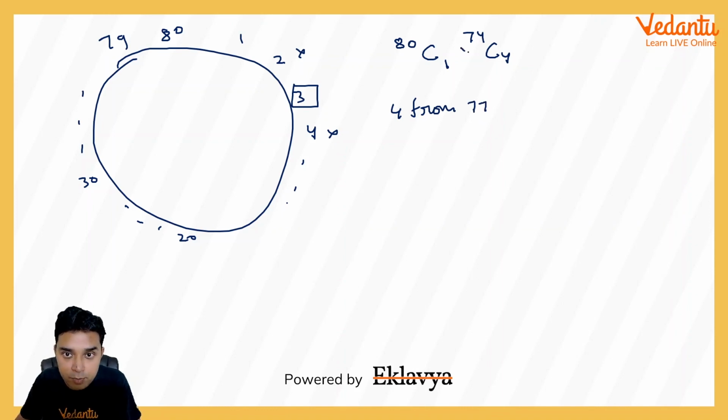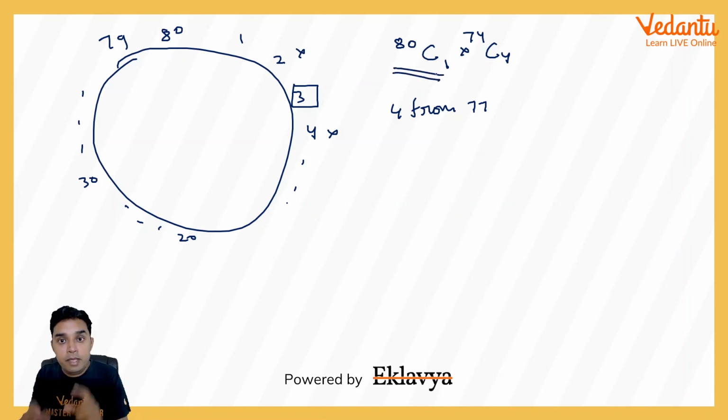Yes, exactly, this will be the answer. But now please understand, whatever 5 elements we have selected, we could have started with any one of them in this 80C1 ways. Because when I'm saying 80C1, this can be 1 also, this can be 2 also, this can be 3 also, and so on.